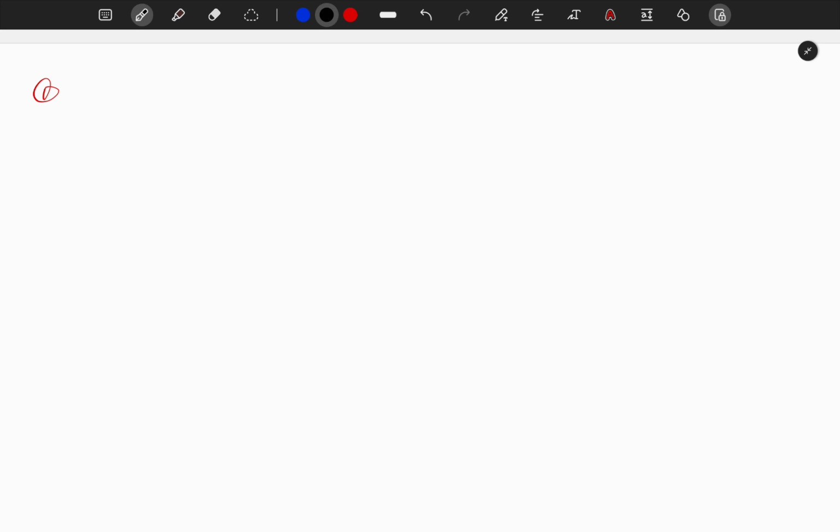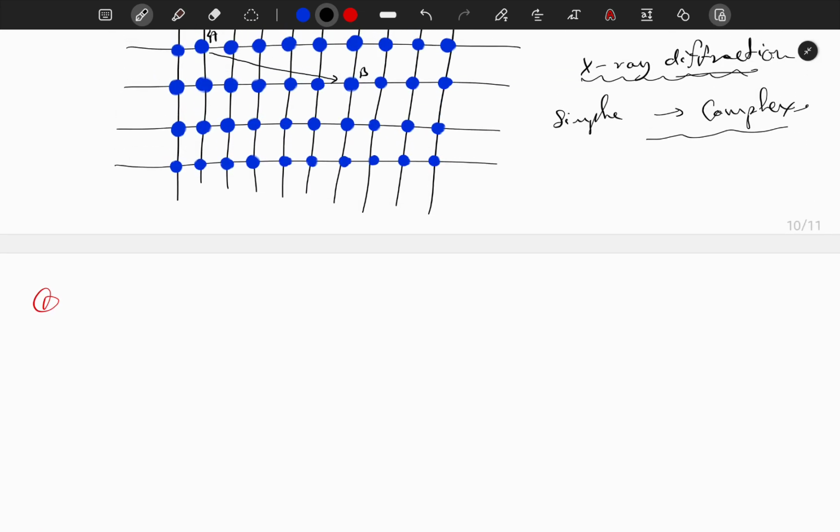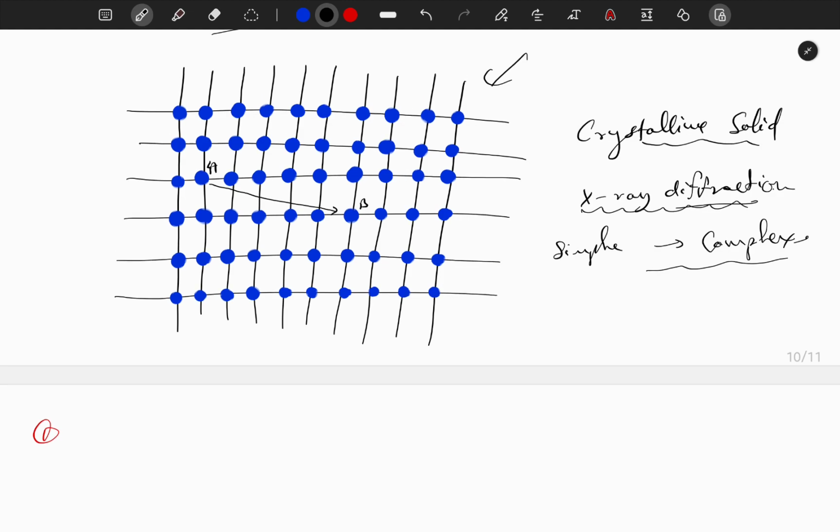This means that there are certain planes through the crystal where it is easier to break the crystal, as compared to the other planes.